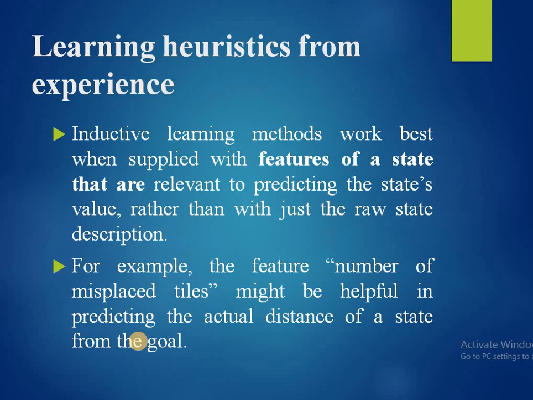Inductive learning methods work best when supplied with features of a state that are relevant to predicting the state's value rather than with just the raw state description. For example, the feature number of misplaced tiles might be helpful in predicting the actual distance of a state from the goal.